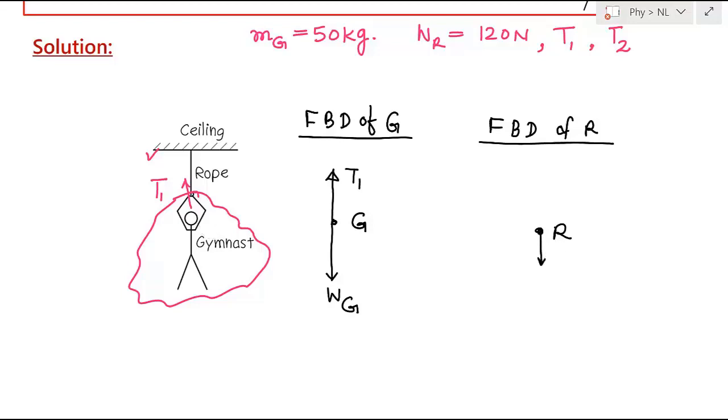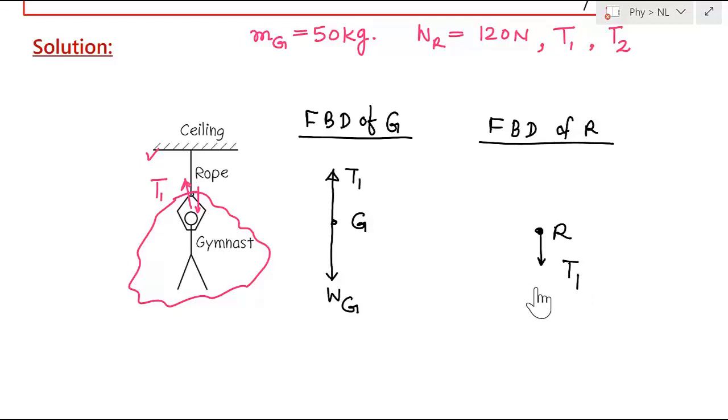Try to see here, this gymnast is trying to pull this rope in the downward direction, and the rope is trying to pull this gymnast in the upward direction. These two are an action-reaction pair. Now if I apply Newton's third law, this action-reaction pair has to be equal, and this means this force is also equal to T1.